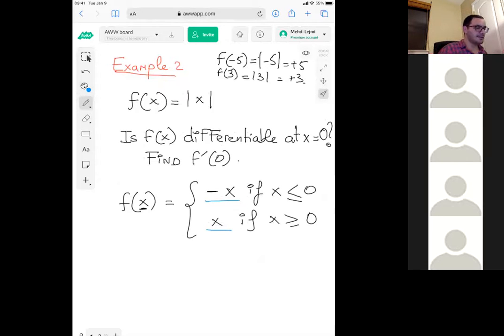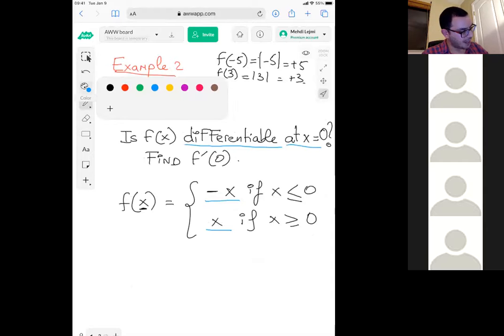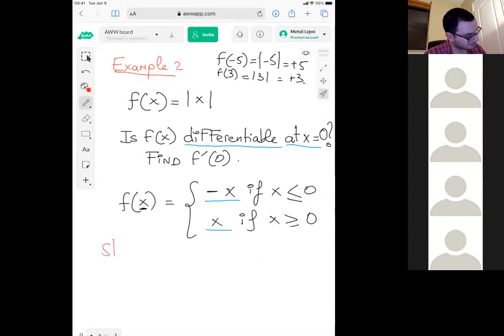So like this, absolute value of x is actually described by two different equations, right? Anyway, I want to check if f of x is differentiable at x equal to 0, right? So all you have to do, and the main step, is to compute m.